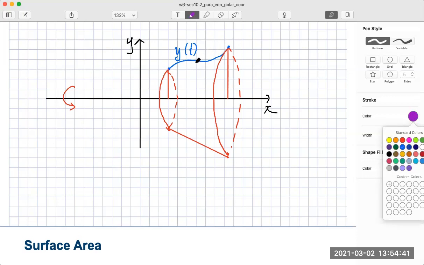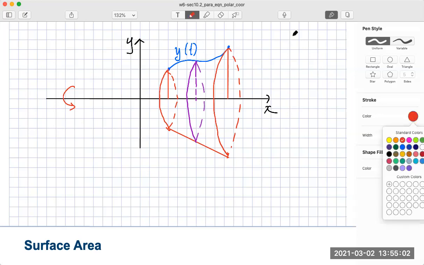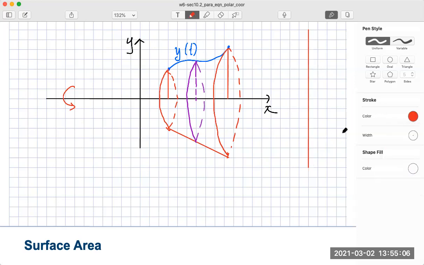For example, right here, it will be this circle. And suppose we cut this, the biggest circle here, and stretch it out to become a line, how long is this line?